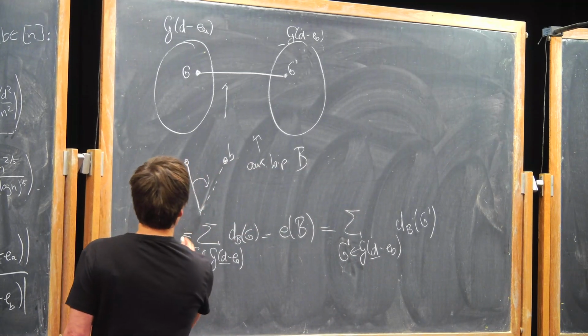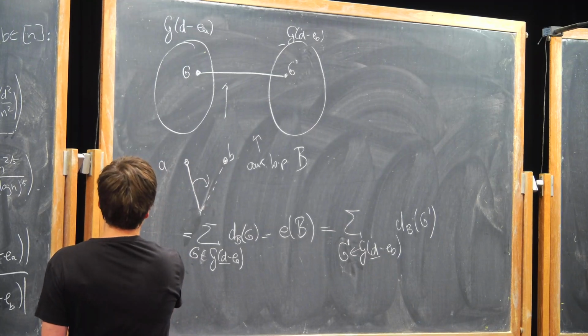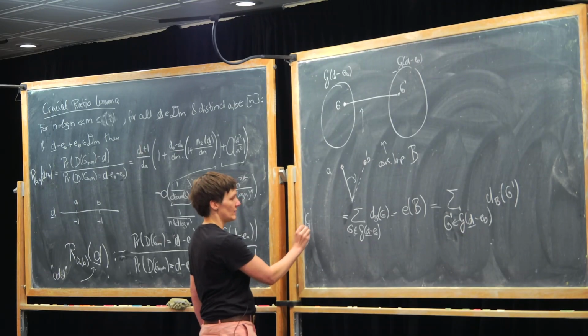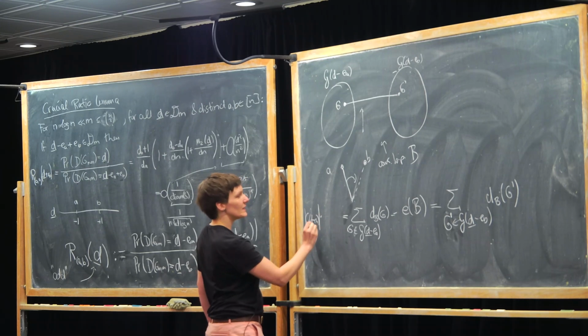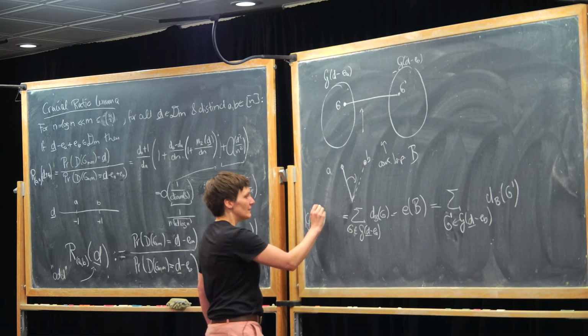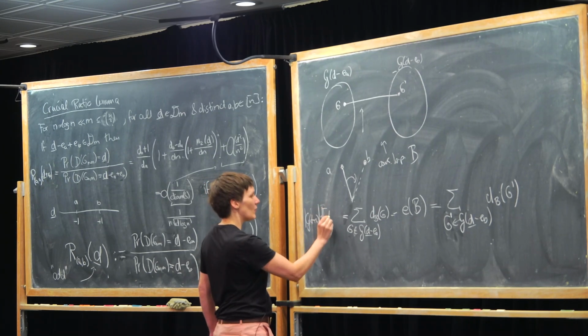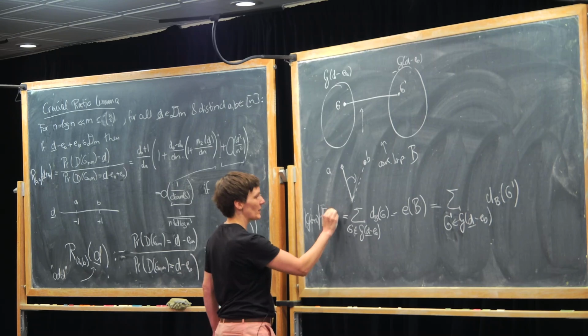Well, I write this as the size of G of D minus EA times the expected degree of G in this bipartite graph.